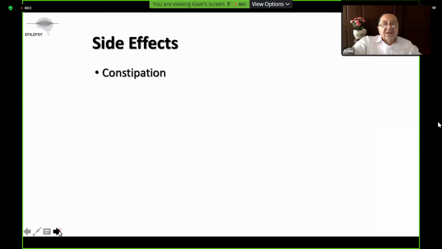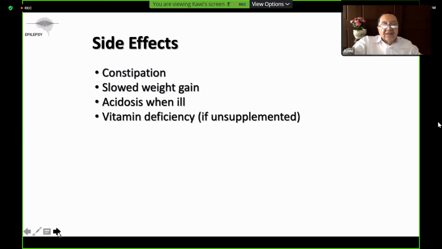What are the side effects of ketogenic diet? Constipation. It slows weight gain, especially if we give it to youngsters whom we are hoping to have a normal growth. It may predispose to illness when the patient gets ill with fever. It may predispose to vitamin deficiency if there is no supplementation to the water-soluble vitamins.